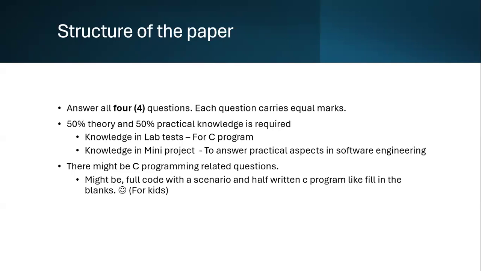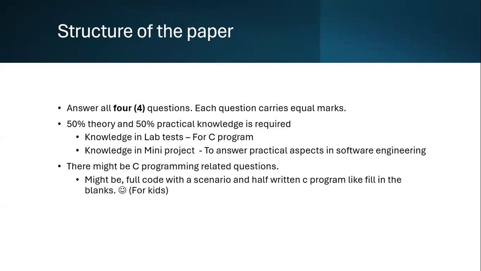The question paper consists of 4 questions, with 25 marks assigned for each question. You should answer all these questions, and it is mainly focused on 50% theoretical aspects as well as 50% practical experience and practical knowledge that you have gained from the subject.